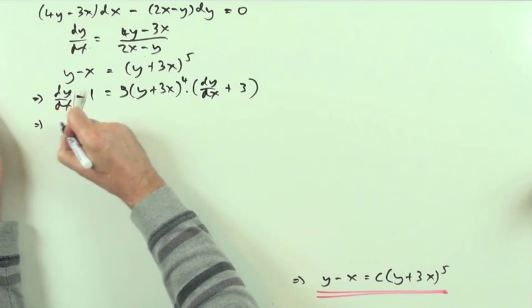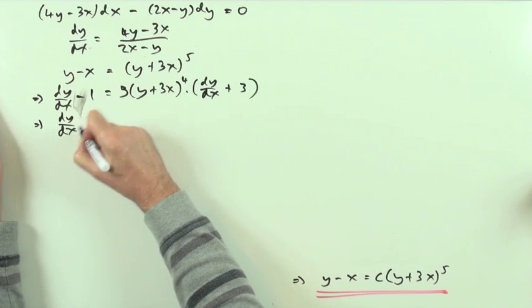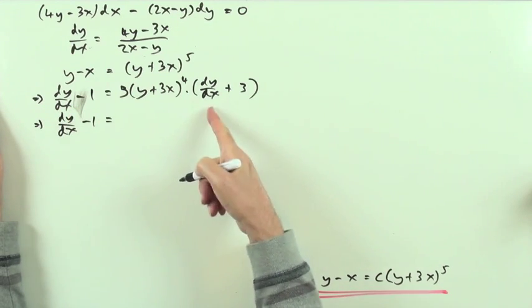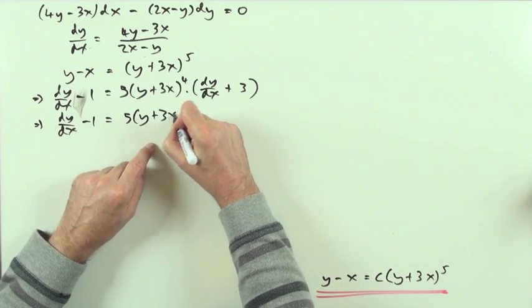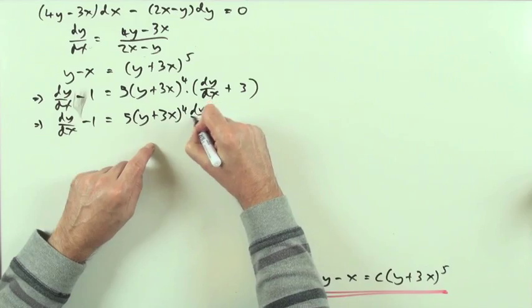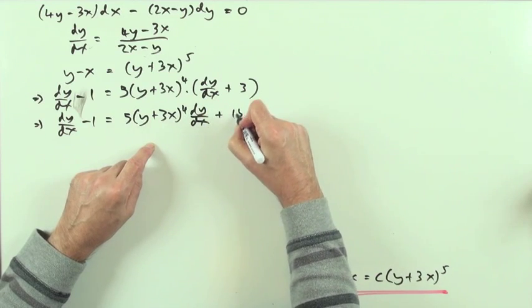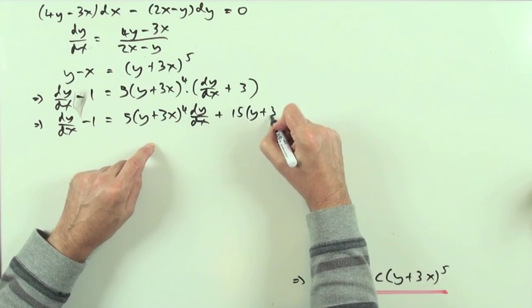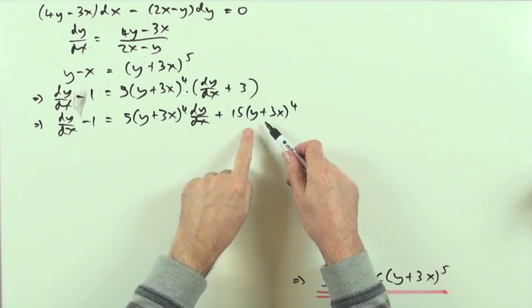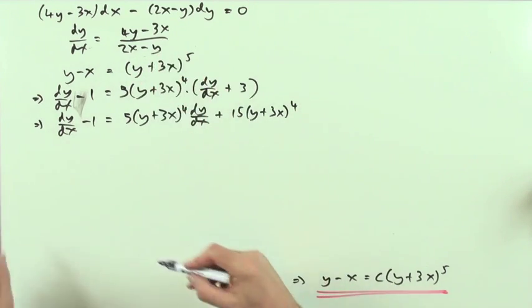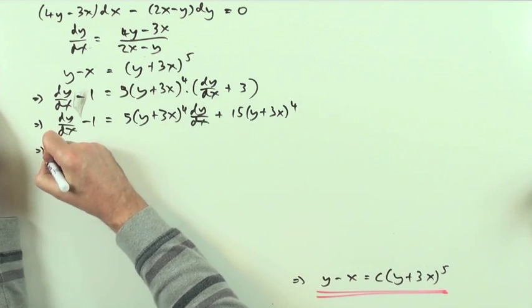I'll separate that out, I think, first of all. Dy by dx minus 1 is going to be 5y plus 3x to the 4 dy by dx plus 15y plus 3x to the 4. That's looking a bit nasty with these y plus 3x to the 4s, which don't appear anywhere here. I'll take over to one side.